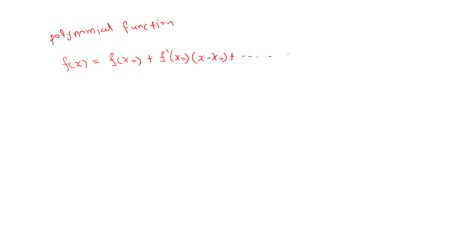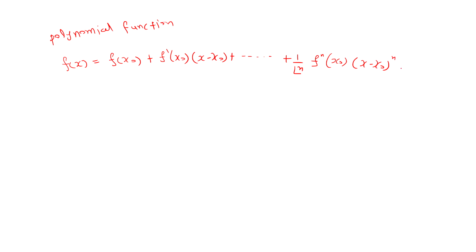Now I want to give you one important note about polynomial functions. As we have indicated, Taylor series is basically f of x naught plus f prime x naught times x minus x naught, and so on up to 1 upon factorial n times the nth derivative of function f at x naught times x minus x naught to the power n.